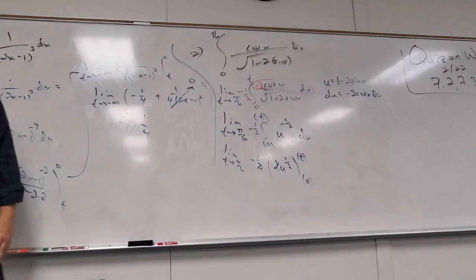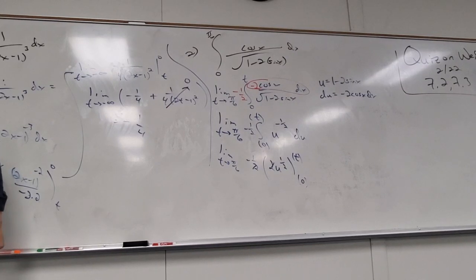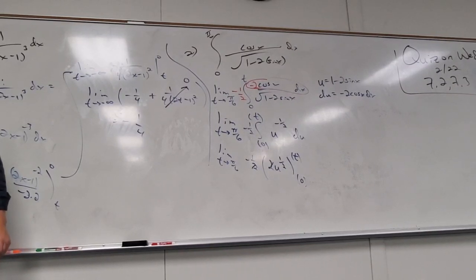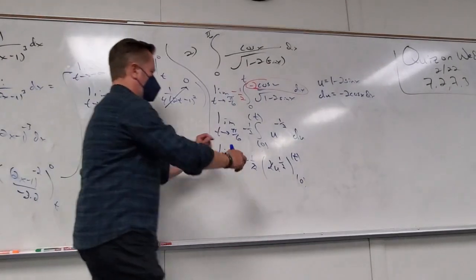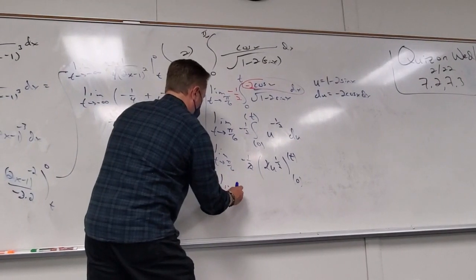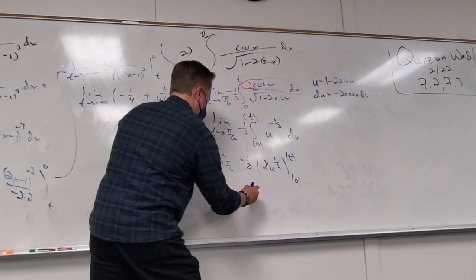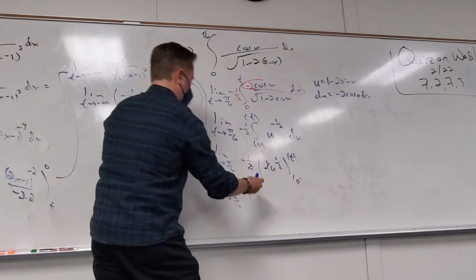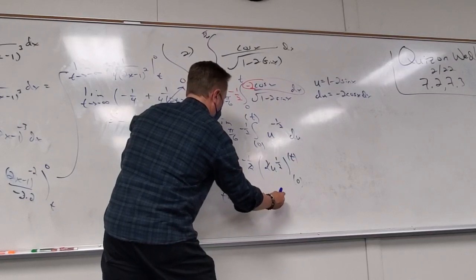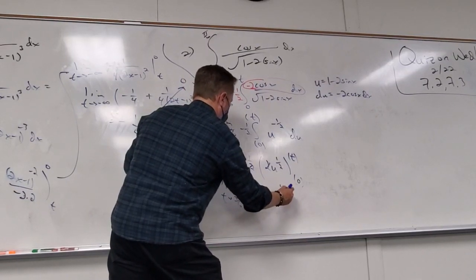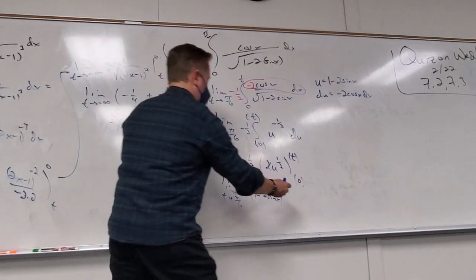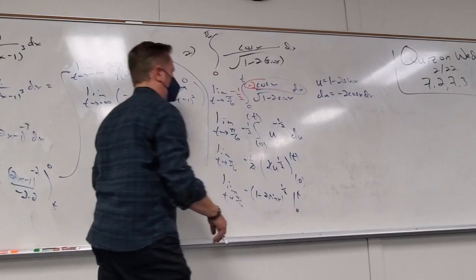Okay, I'm going to stop for a minute. It's just one step at a time. And now I can bring back what u is. What is it? It's 1 minus 2 sine x, to the 1/2, from 0 to t.